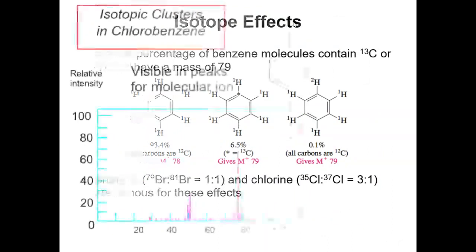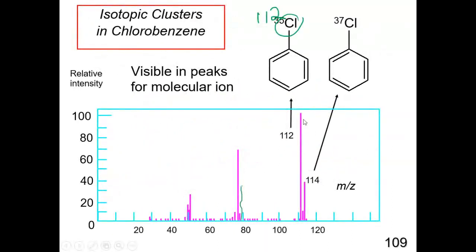So if we have chlorine in the molecular ion, we would expect a peak at 114, and that peak intensity should be roughly a third of the peak at 112. Indeed, we have seen that, we have a peak at 114, which is 2 units higher than 112, due to the chlorine 37.